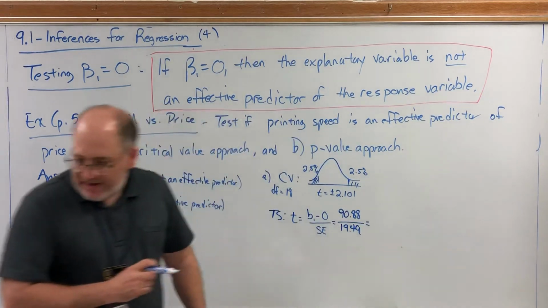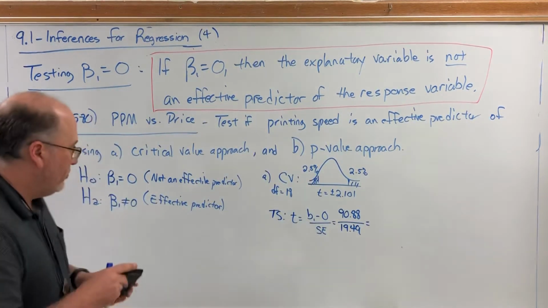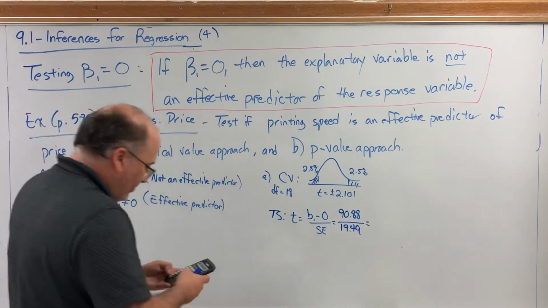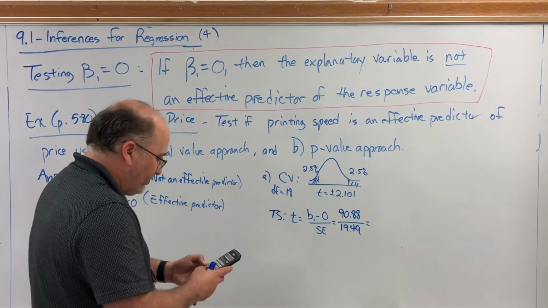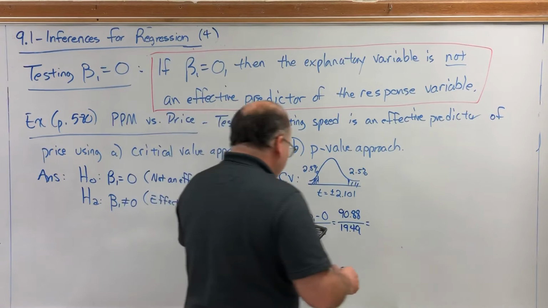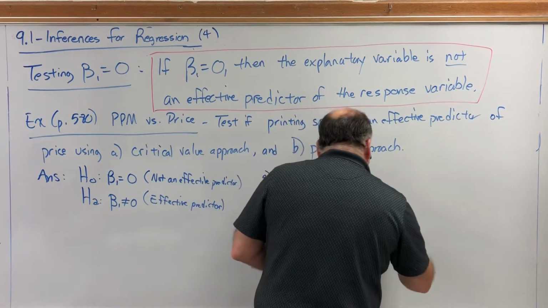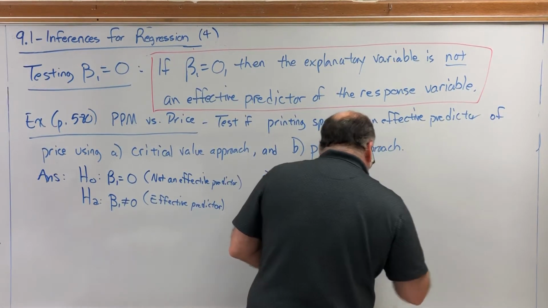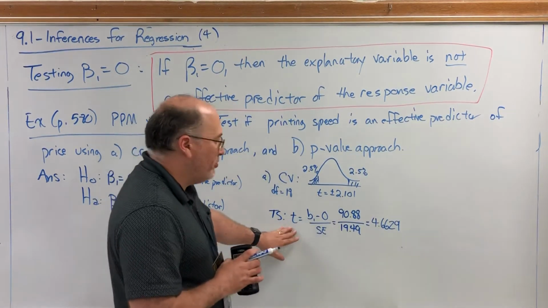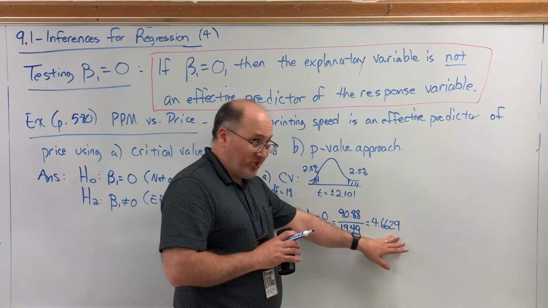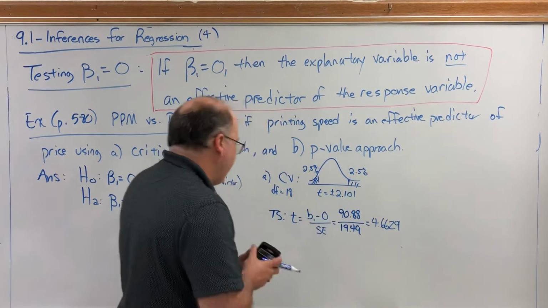If you divide that out and take it to 4 decimal places, still going with 4 decimal places unless we're told otherwise, you get 4.6629. If you go back and look in the computer output, the t-value in the second row is 4.663. So that's where that value came from.